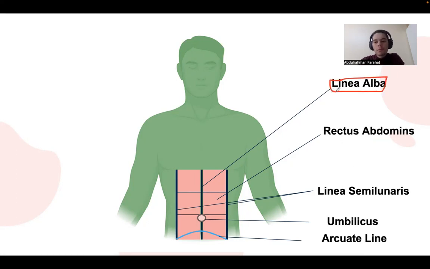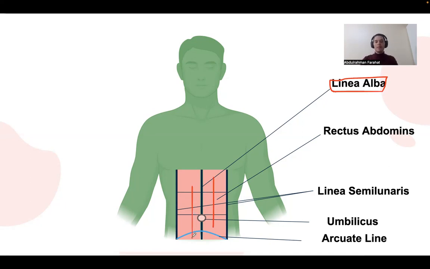This would be formed by the aponeurosis, or the tendon, of multiple muscle fibers in the abdomen, so the external oblique, internal oblique, and the transverse abdominis. They all come together and form this thick structure, and this would be the linea alba right in the middle of the body.